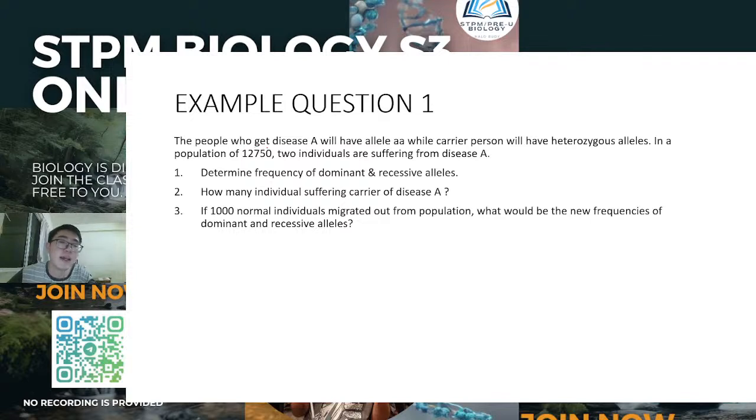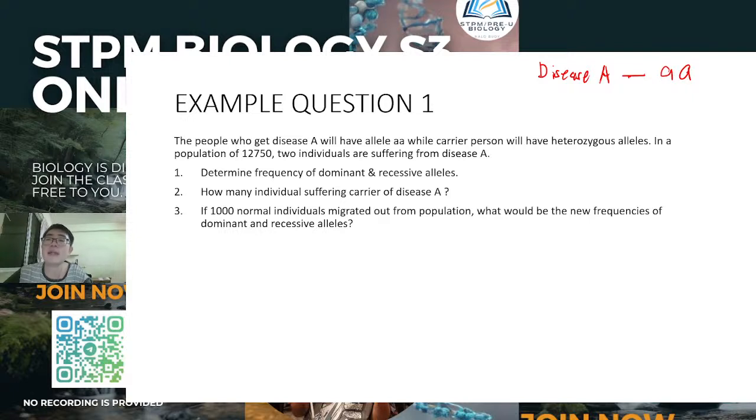Question one says that people who get disease A will have the small a allele, while a carrier will have heterozygous alleles, in a population of 12,750 people. Two individuals are suffering from disease A. Those who get the disease are homozygous recessive.